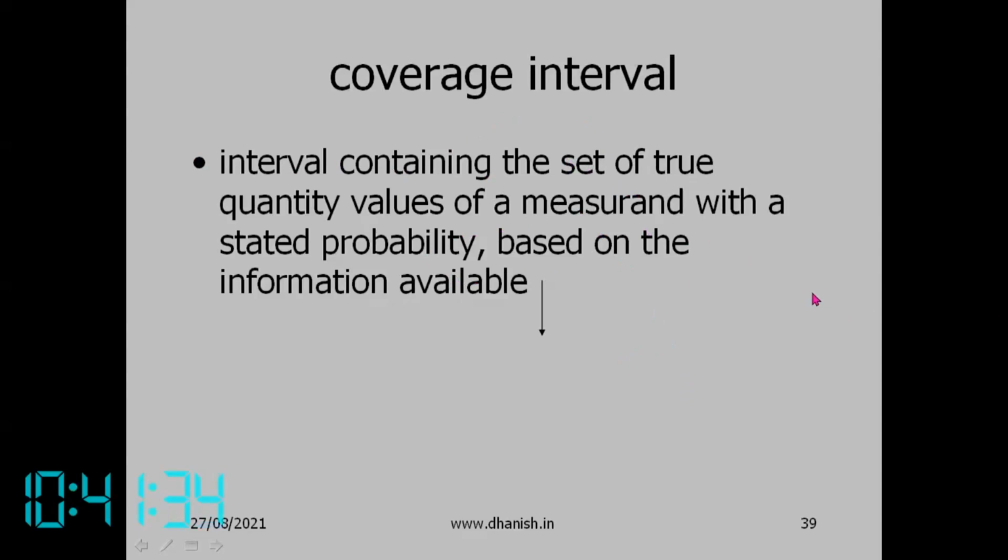So we have 95% confidence interval, 90% confidence interval, or 99% confidence interval, etc. They are the commonly used confidence levels. So the interval for the required probability. So for 90% confidence, what is the interval? That is the 90% coverage interval. All this is based on the information available. So with more information, maybe the computations may change.